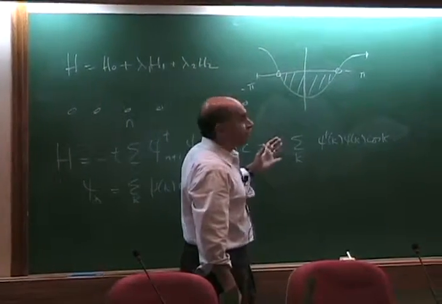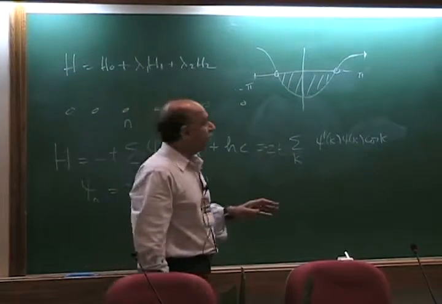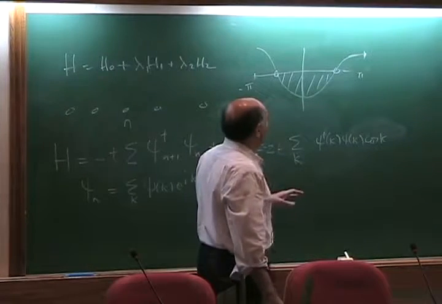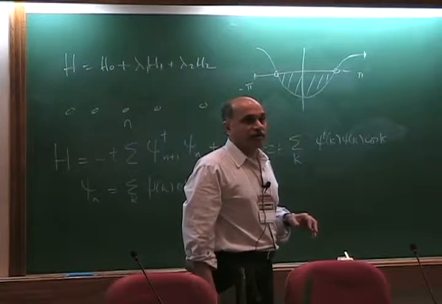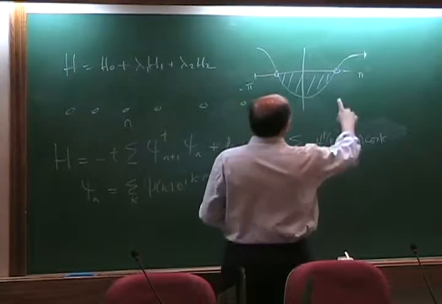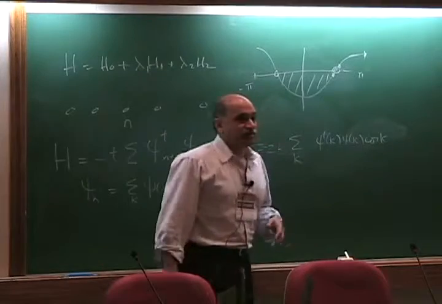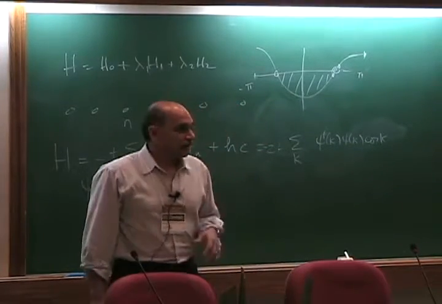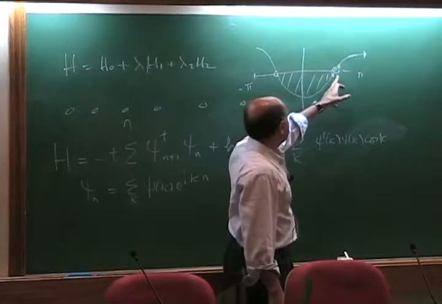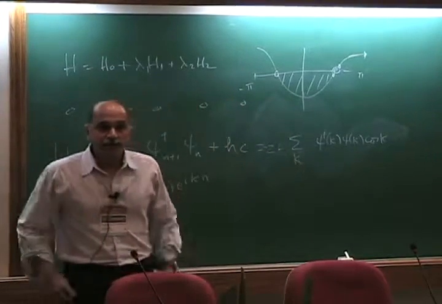The most important property is a system with no gap, meaning I can agitate the system with no appreciable input of energy. And you know what that excitation is. You take a guy from just below the Fermi surface and put it just above the Fermi surface. And the energy cost will be just the difference of this energy and that energy. And you created what's called a particle-hole pair.